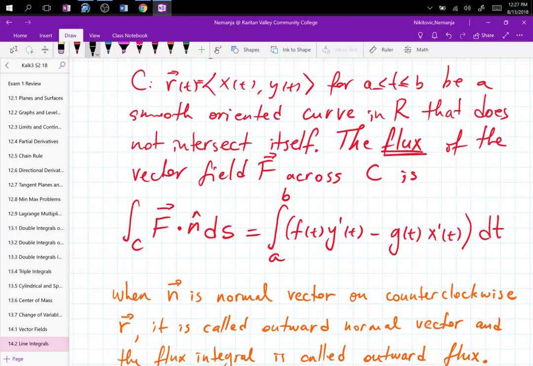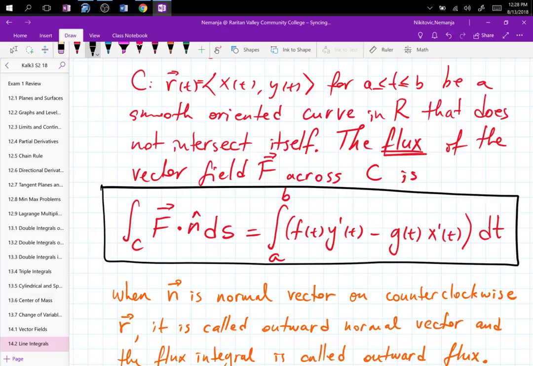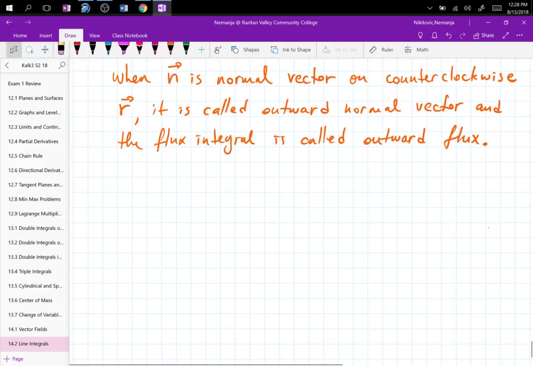The formula to calculate flux is right here, and that's what they asked at the interview, to calculate the outward flux. So, well, let's calculate outward flux for our two candidates, the rotational field and radial field.